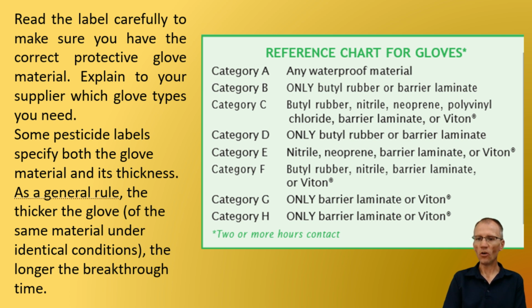Category D, only butyl rubber or barrier laminate. Category E, nitrile, neoprene, barrier laminate, or Viton. Category F, butyl rubber, nitrile, barrier laminate, or Viton. Category G, only barrier laminate or Viton. Category H, only barrier laminate or Viton.